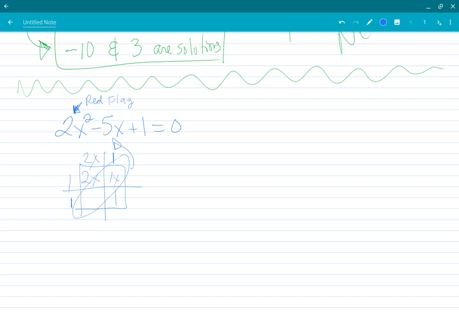Well, look at this. This does not equal 5, so this is not factorable, right? Exactly. That's not possible to factor. Not factorable easily or hard.